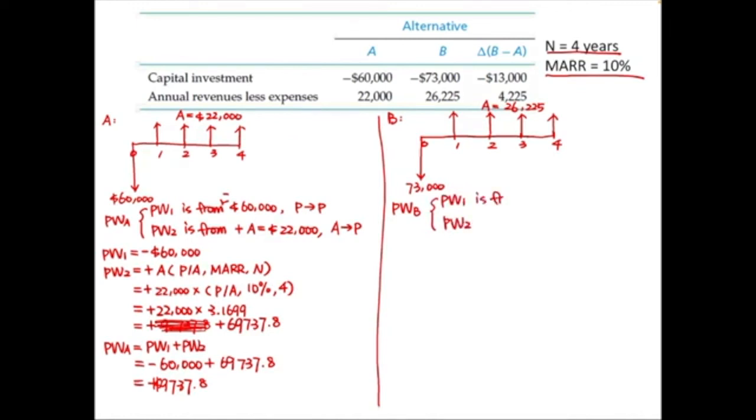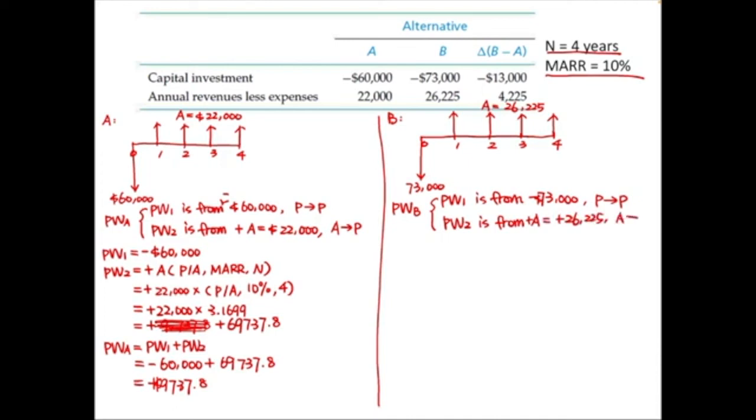PW1 is from the 73,000 initial investment. So you want to convert P to P. PW2 is from the annuities. They're positive, right? 26,225.